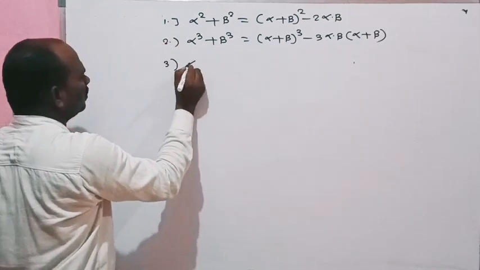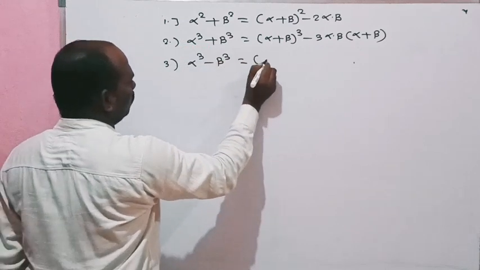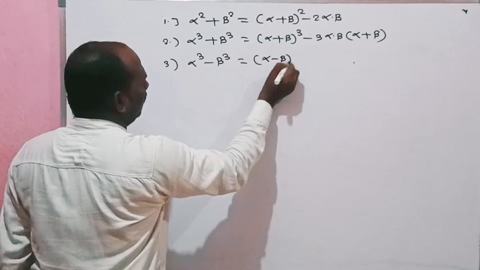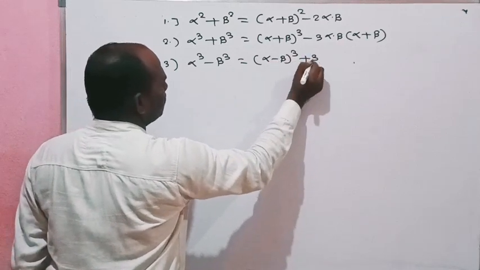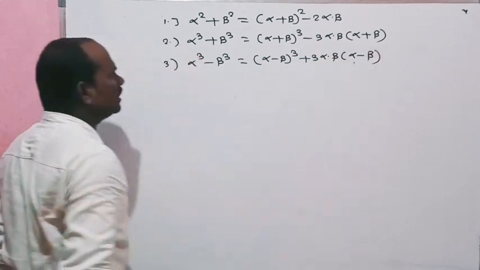Third: alpha cube minus beta cube is equal to alpha minus beta its cube plus 3 alpha beta bracket alpha minus beta.